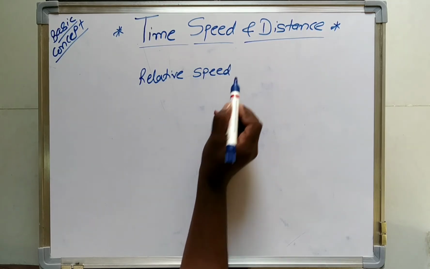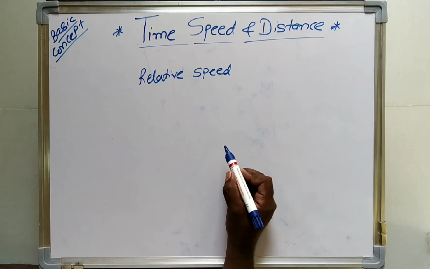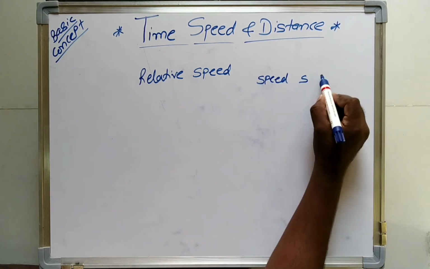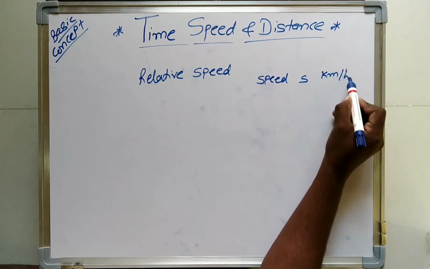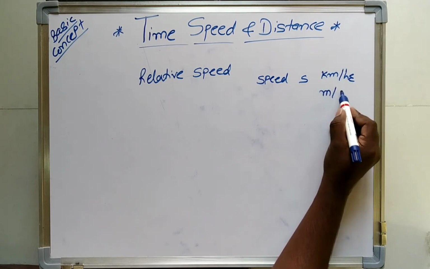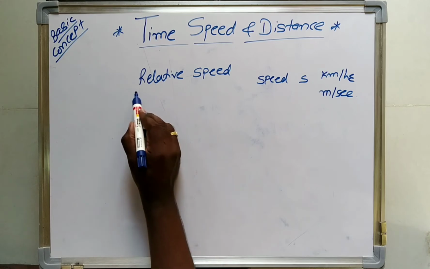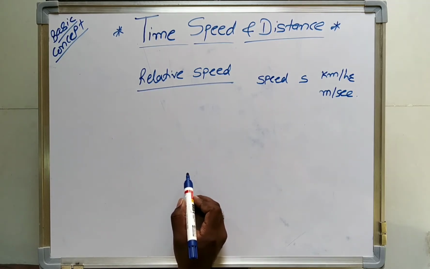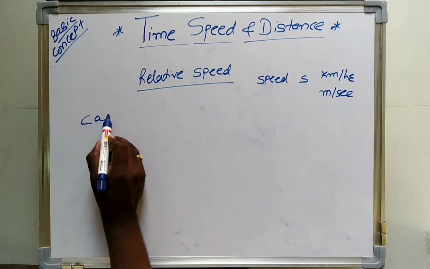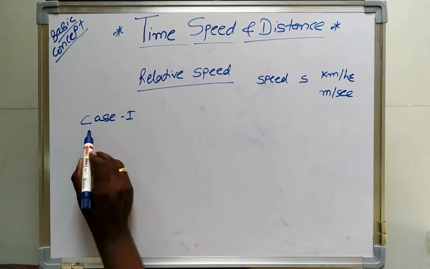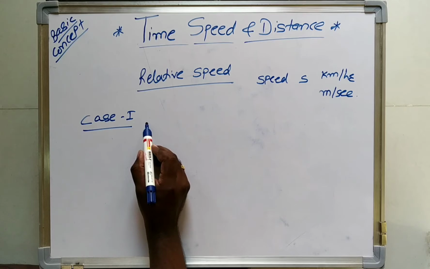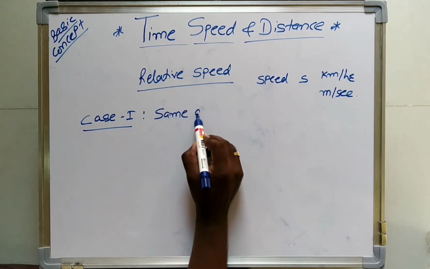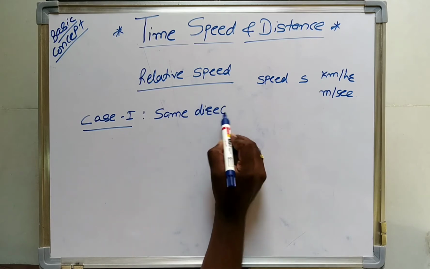While we are having moving objects with some speed, in kilometer per hour or meter per second, at that time this relative speed concept is to be considered. Now in that we have case first, that is if both objects are moving in the same direction.